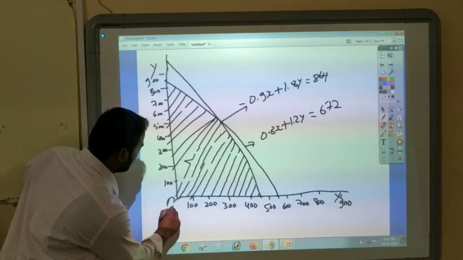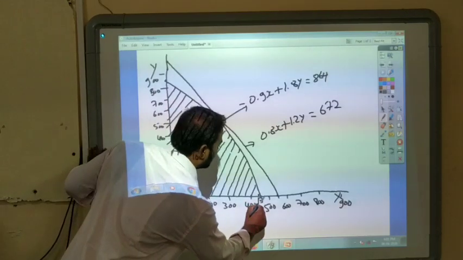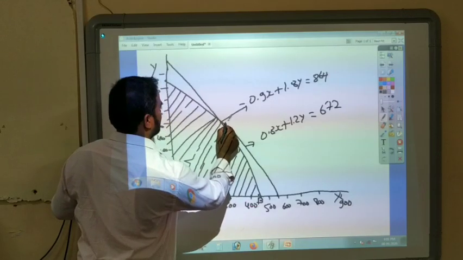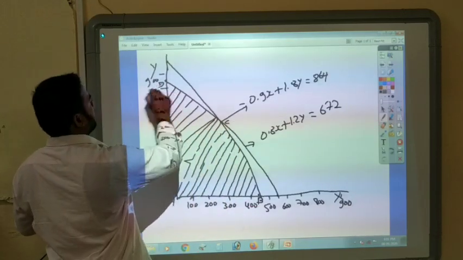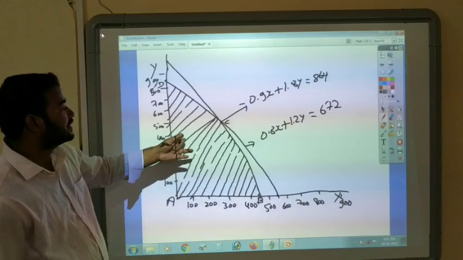We have given the values A, B, C and D to all four points. So this is the feasible region.